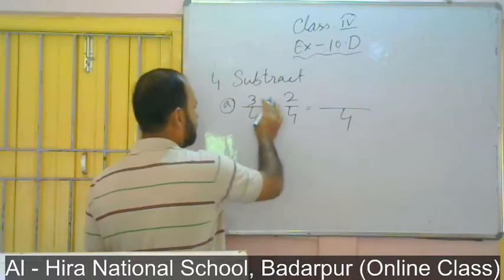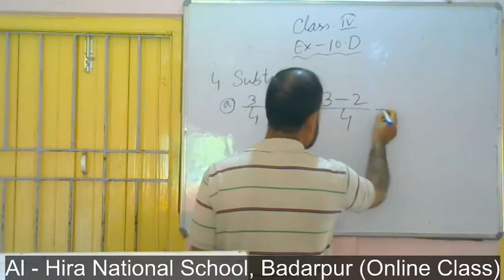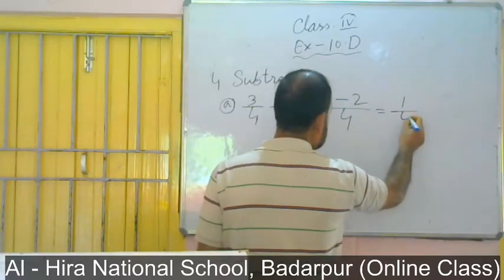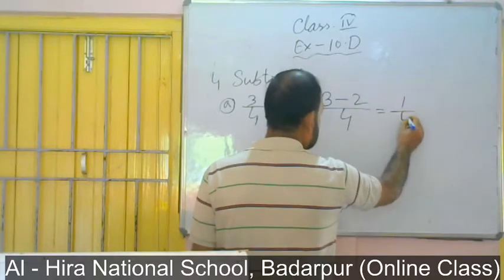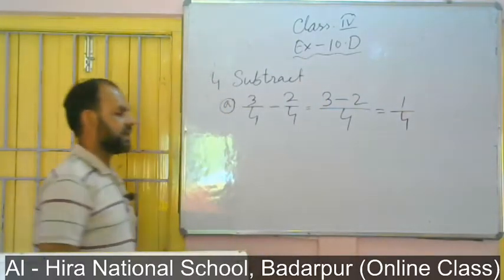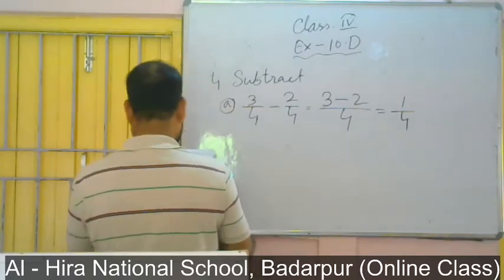So now we do the difference of numerators, means 3 minus 2. 3 minus 2 is equal to 1. Denominator is 4. So answer is 1 by 4.